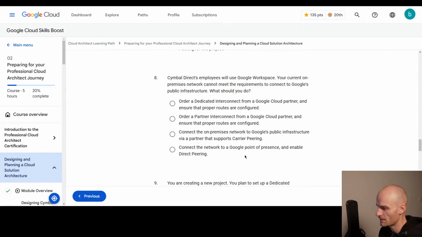Connect the on-premises network to Google's public infrastructure via a partner that supports carrier peering. Connect the network to a Google point of presence and enable direct peering. Oof, never heard about these services. I've heard about interconnect, but let's see.